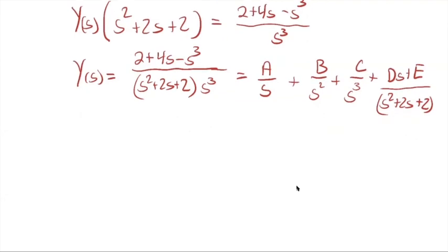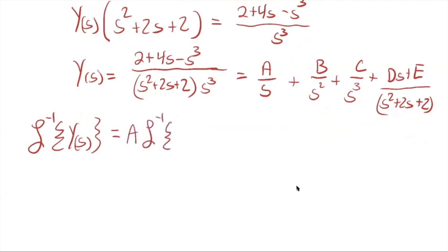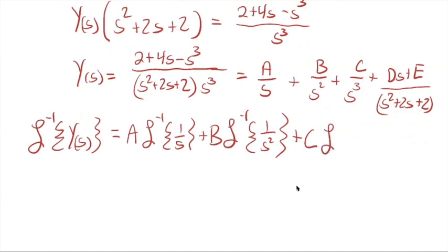And so eventually, when you take the inverse Laplace transform to solve for y of t, then these things you'll be able to calculate the inverse of without too much difficulty, since they're from the table of common Laplace transforms.